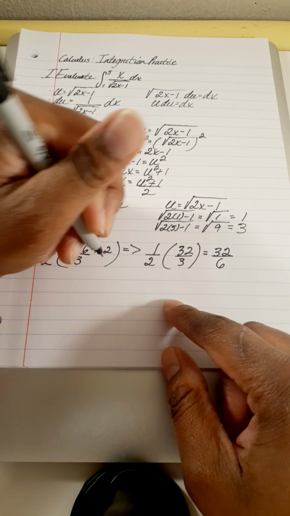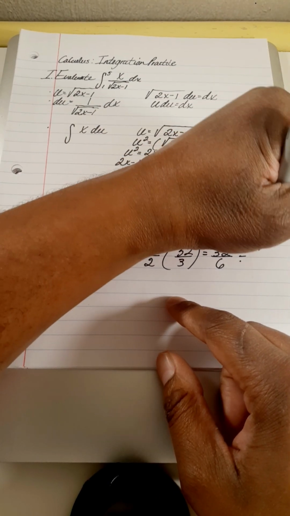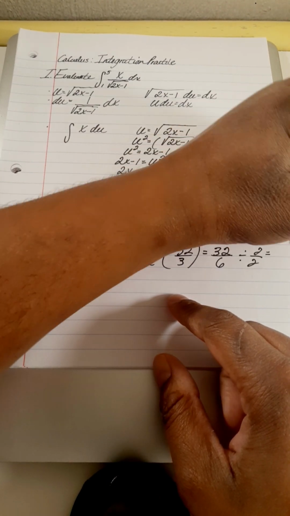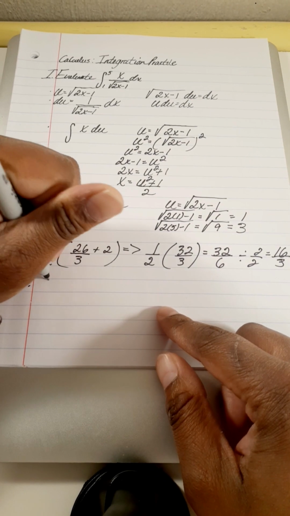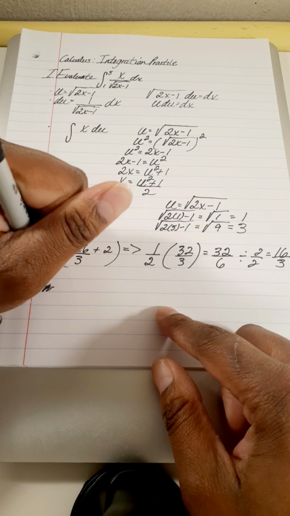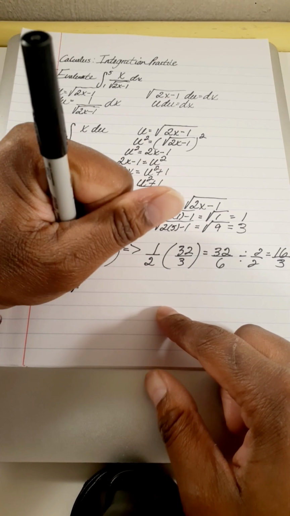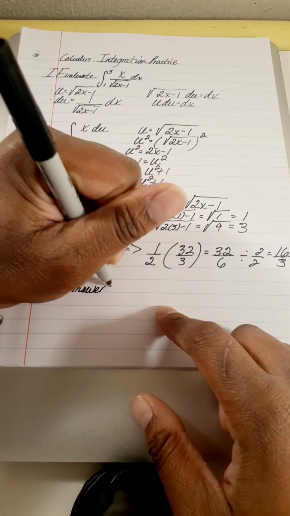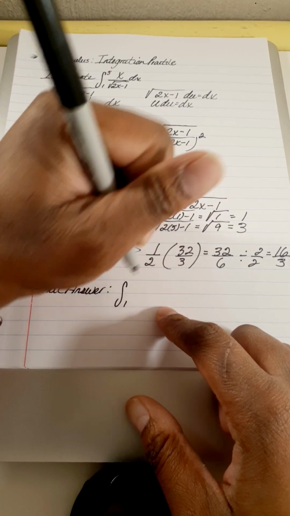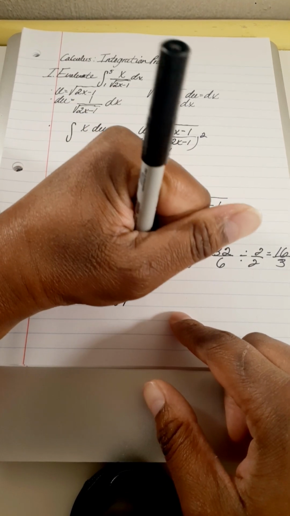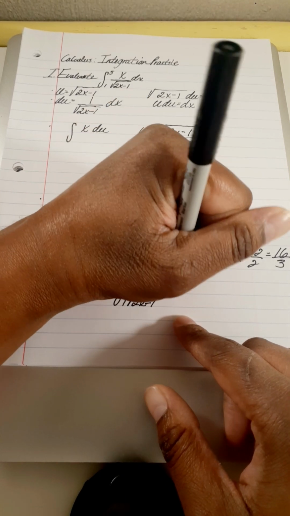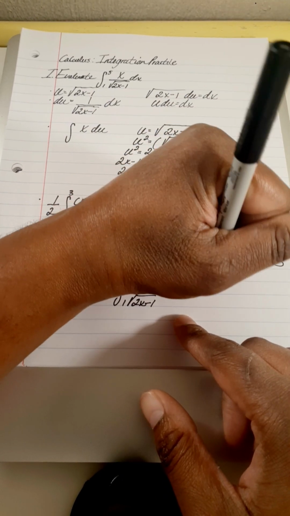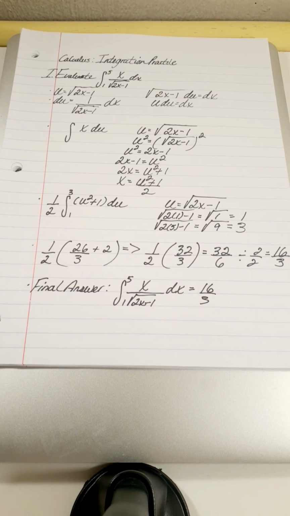But that can be reduced, because I can divide the numerator and denominator by 2, and that gives me 16 over 3, which can't be reduced any further. That's your answer. So let me write that down. The integral from 1 to 5 of x over the square root of 2x minus 1 dx is 16 over 3.